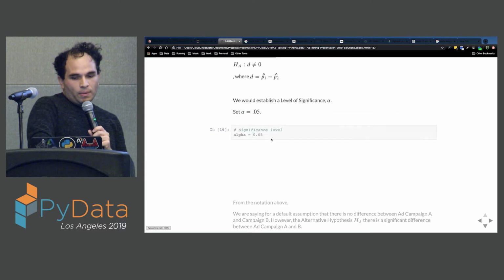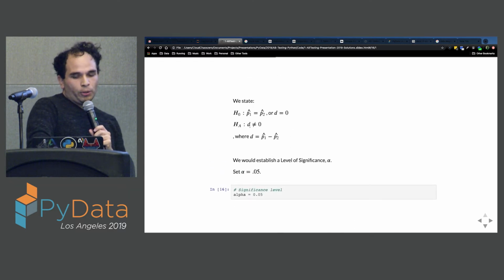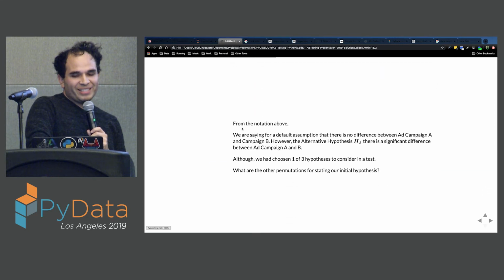And this is just one permutation of stating your hypothesis, particularly with the alternative hypothesis. There are 3 different ways you can state the alternative hypothesis. You can have a difference on both sides, one side or another side.